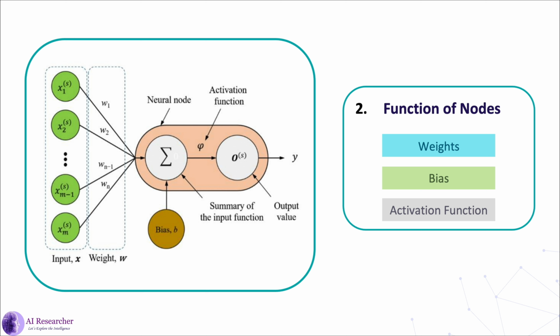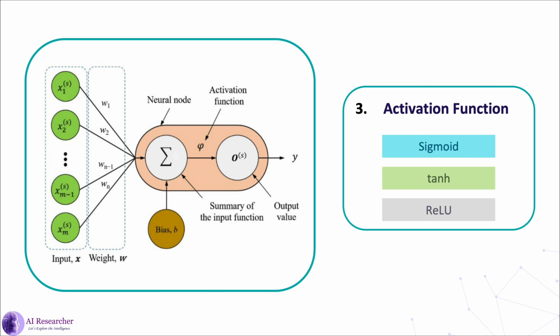Talking about the function of nodes, there are three main functions: weight, bias, and activation function. Weight means each connection between nodes has an associated weight that can be adjusted as the network learns. About bias, each node has a bias term which is also adjusted during learning to help the model fit better. Activation function: each node applies a non-linear activation function to its inputs, which introduces the ability to capture non-linear relationships.